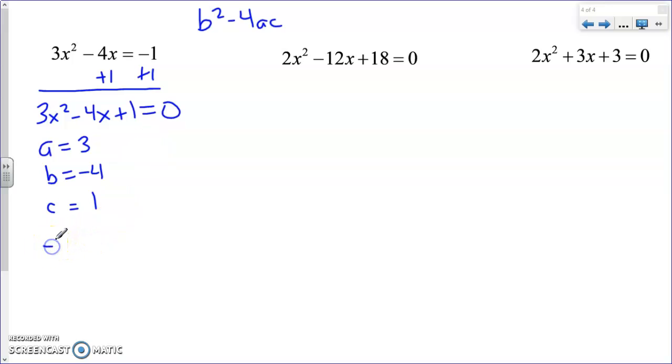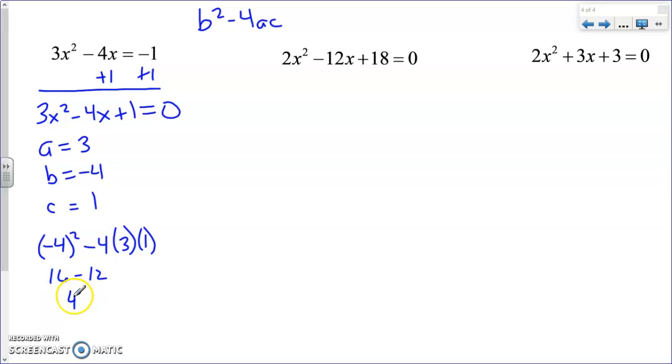So we're going to have b squared minus 4 times a times c. Don't forget, if you put this in your calculator, you have to put parentheses around that negative to square the negative. Sometimes we don't do that, and that gives us an incorrect answer. So this would be 16. 4 times 3 is 12, times 1 is 12, so 4.